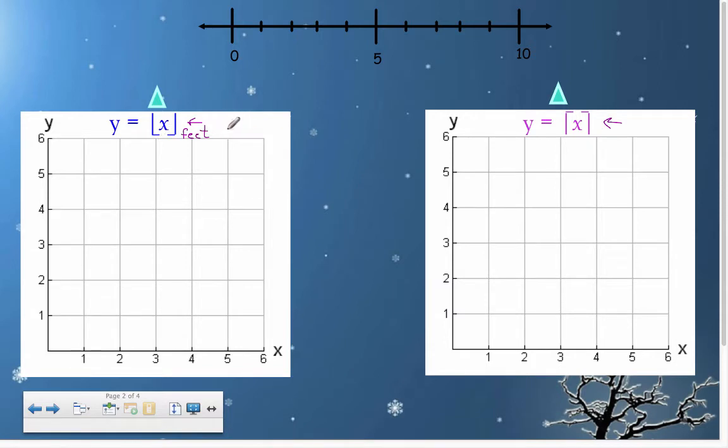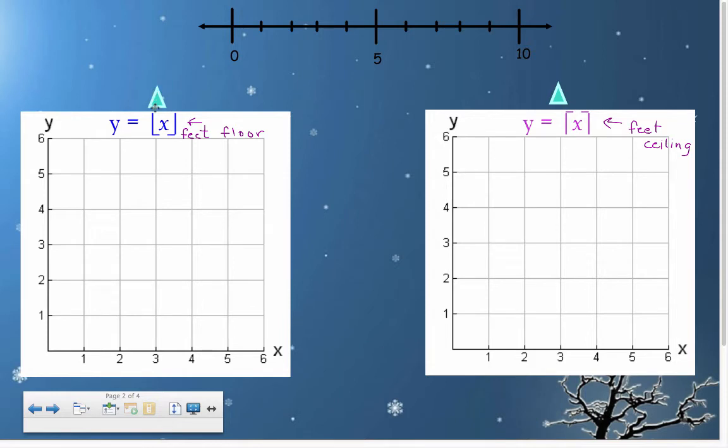Here, the feet are on the floor, which means they're on the bottom. Here, the feet are on the ceiling. They're above. And that's going to be an important way to remember how to graph these.